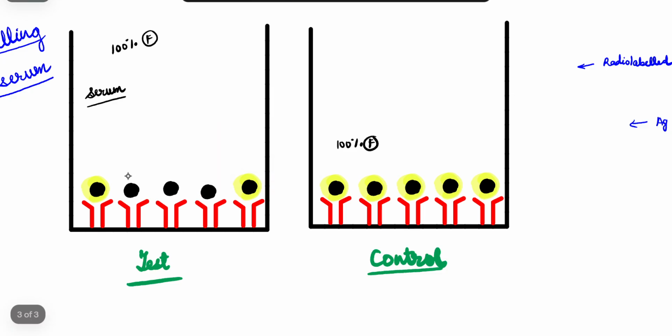Now we will do washing. In washing, all the removed and detached antigens and all the debris will be removed. Now here you observe that there is 100% fluorescence, but in comparison here there is no more 100% fluorescence. Here we have only, let's say, 30% fluorescence.